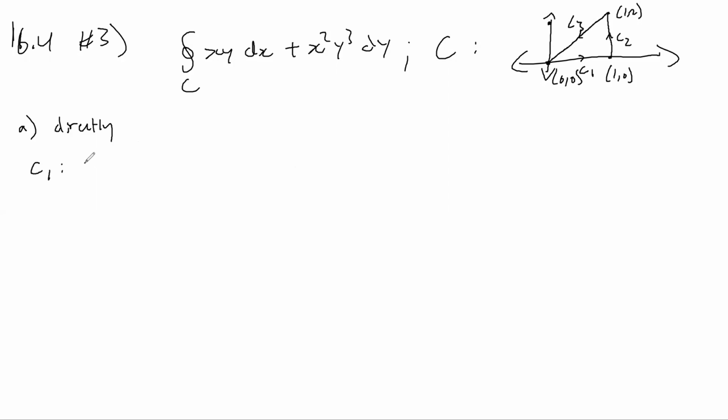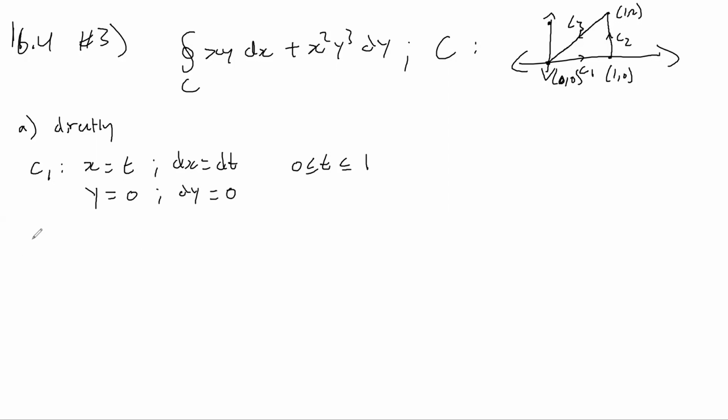I'll set x equal to t, while dx is equal to dt. The domain for t is bounded between 0 and 1. For C1, y stays at a constant level of 0, and hence dy is also going to be 0.